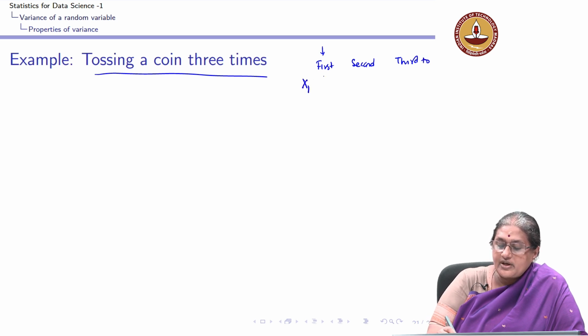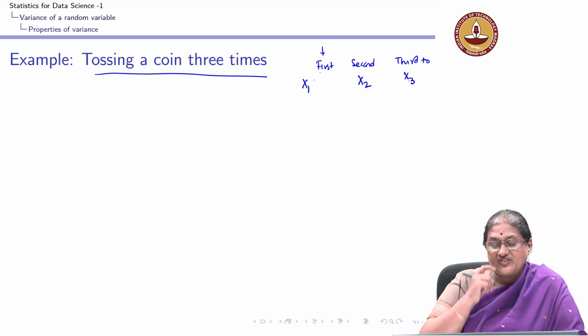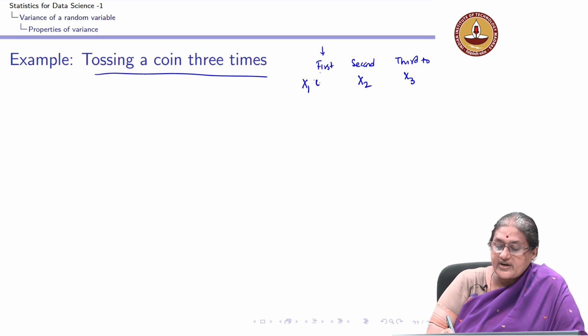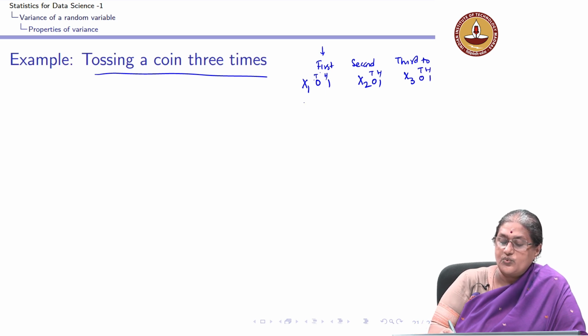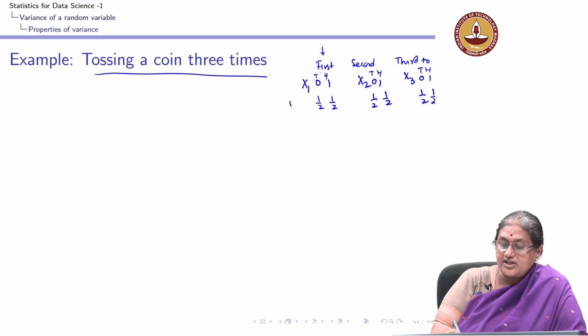Let x1 be the outcome of the first toss, x2 the outcome of the second toss, x3 the outcome of the third toss. I know x1 takes the value 0 or 1, which represents tail or head. x2 represents tail or head, again 0 or 1. x3 tail or head, 0 or 1. Since it's a fair coin, it takes each value with probability half. These are the probabilities with which xi takes the value i.